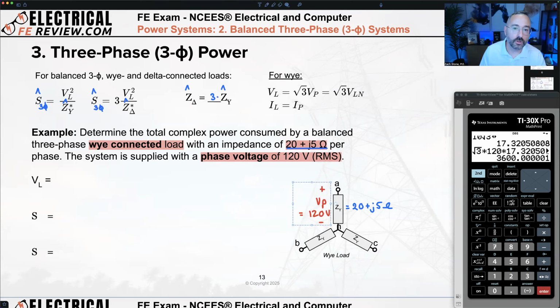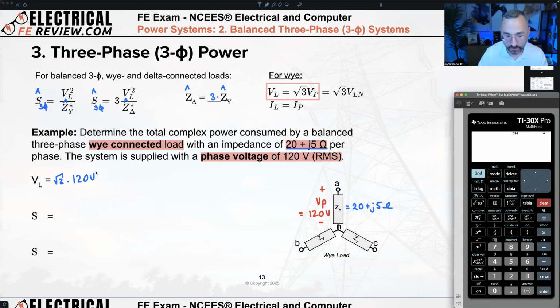So before I can use this formula that uses the line voltage, I've got to convert my phase voltage to what? I can't use the voltage from A to neutral. I've got to use the voltage from A to B, my line voltage, which for a Y connection is bigger by the square root of 3. So magnitude V line is going to be square root of 3 times our given phase voltage, 120 volts.